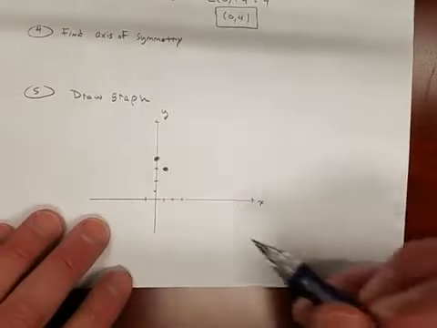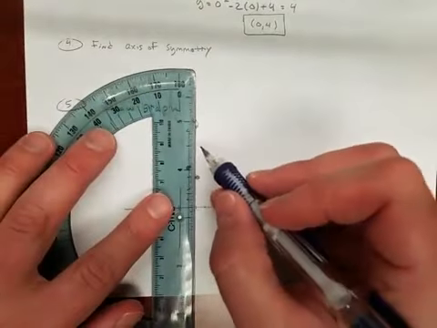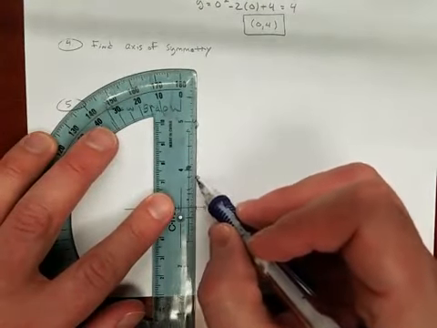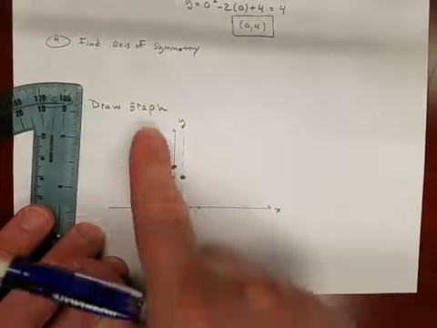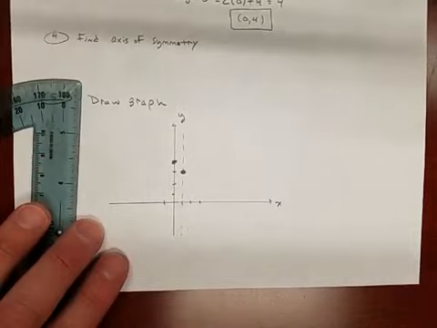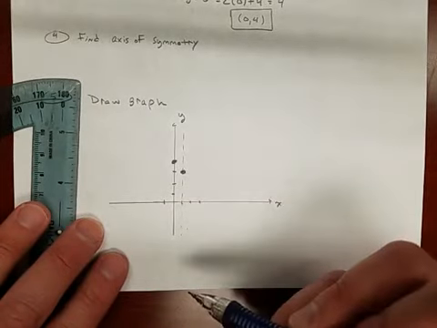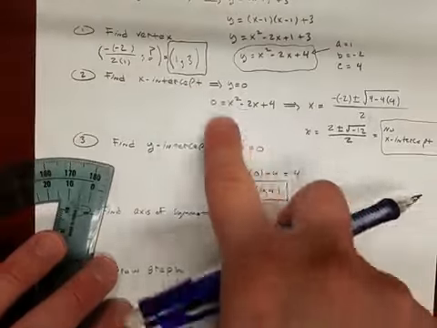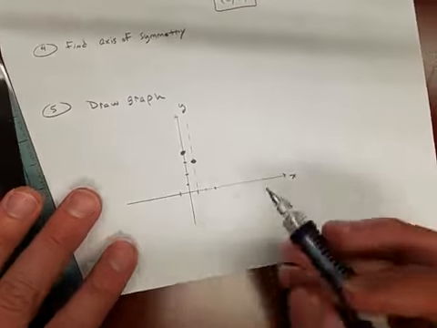So, well, there's the vertex. I mean, if I could imagine there being a dashed line right through that, it would be a perfect mirror image of itself on either side. Where's that line? It goes through the vertex. Where's the vertex? 1 for x, 3 for y. That line goes through 1 on the x-axis.